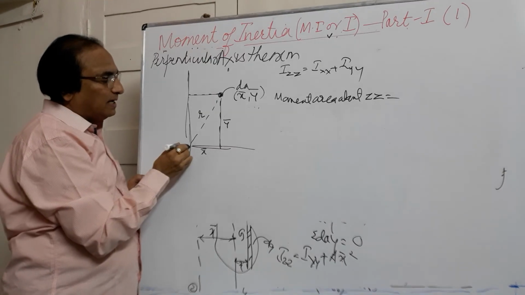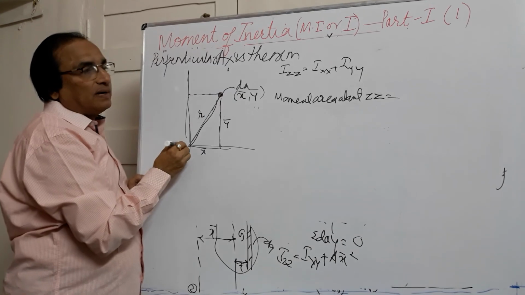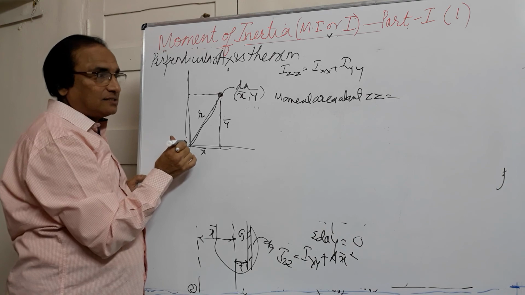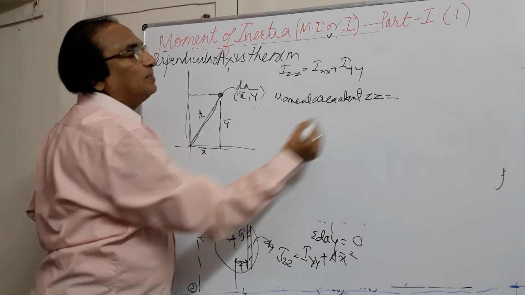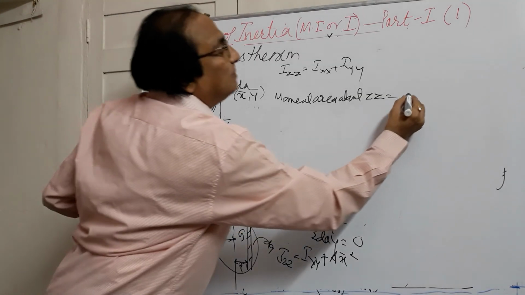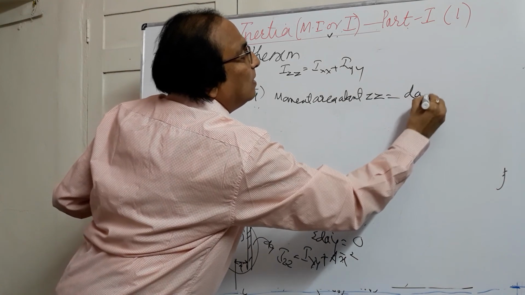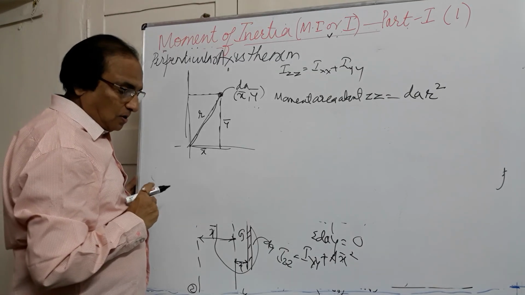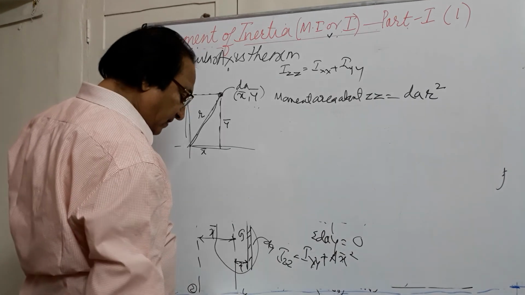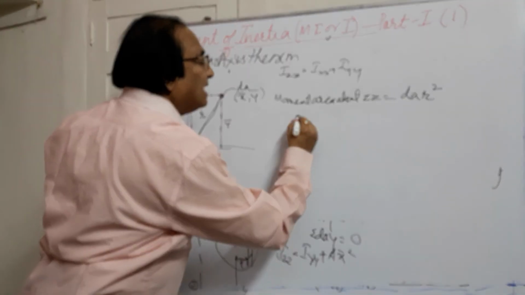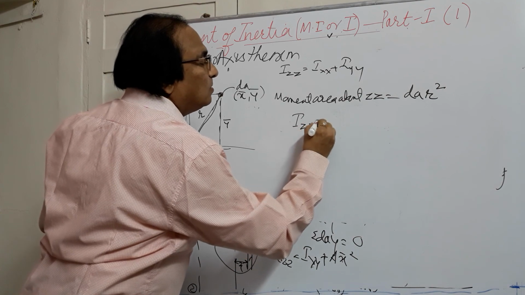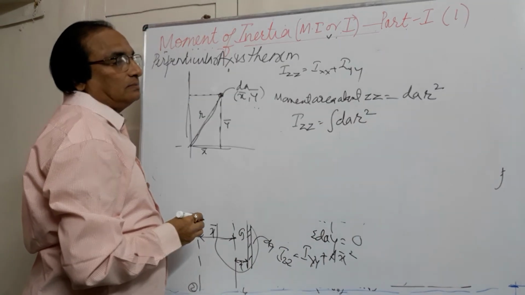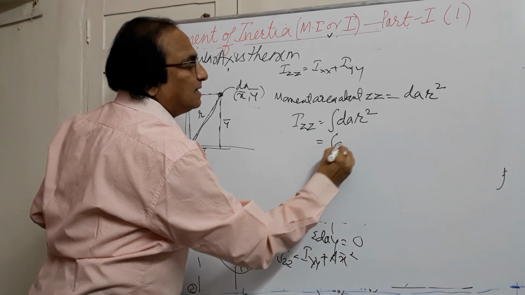When I take moment here, it will be the perpendicular distance, and the axis that exists here is the z axis. So if I take moment about the z axis, it will be dA into r square. This is for one element like this. If I take the whole body, Izz will be equal to the integral of dA into r square. So I can write this as integral dA.